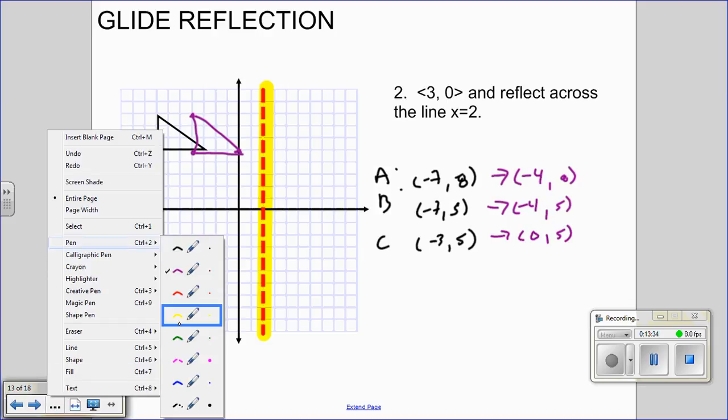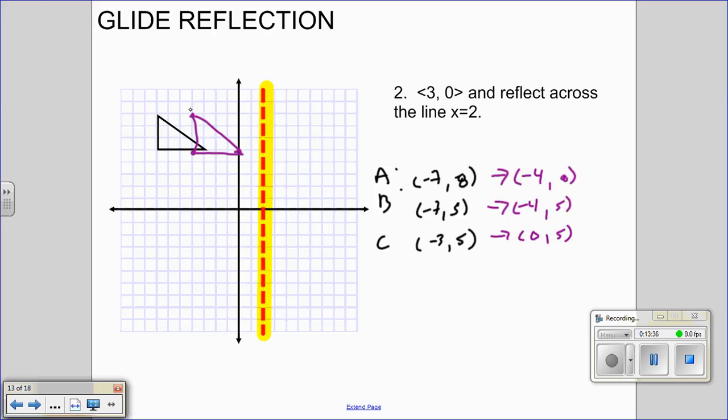So when I look at A prime, it is 1, 2, 3, 4, 5, 6 units away from x equals 2. So 1, 2, 3, 4, 5, 6 units away would be A double prime.